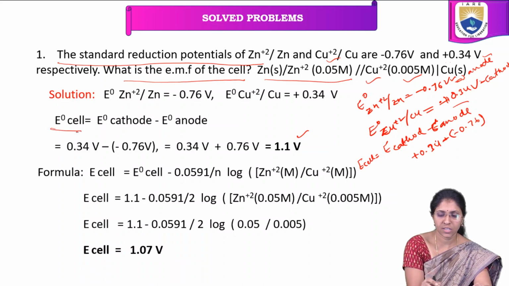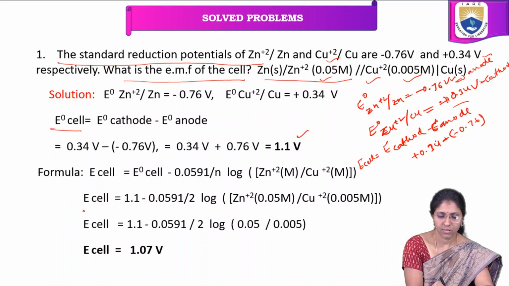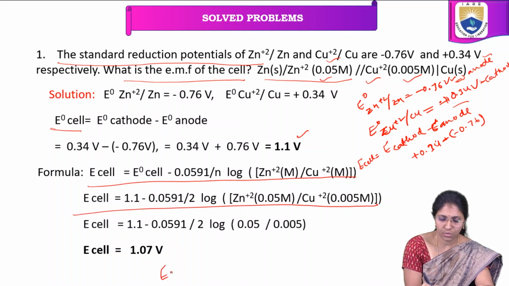So we know the E naught cell and the concentrations of the electrolytic solutions. By substituting these values in the Nernst equation, we get E cell equals E naught cell, which is 1.1, minus 0.059 by 2 log.